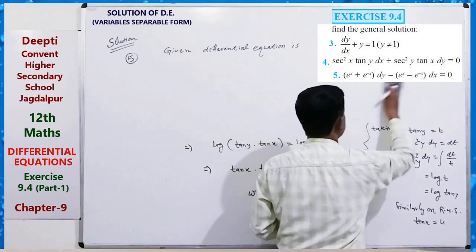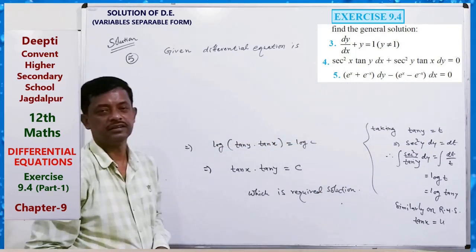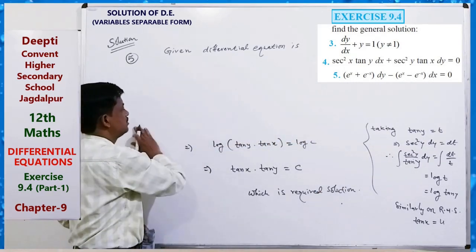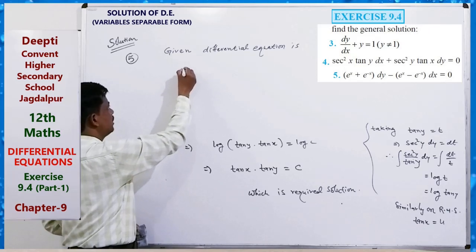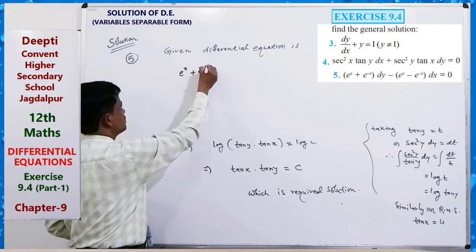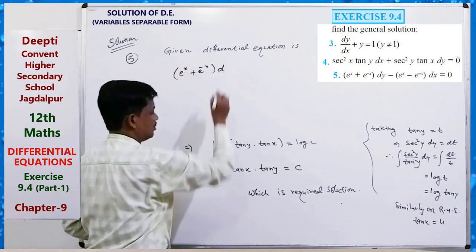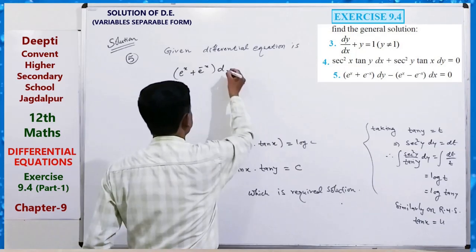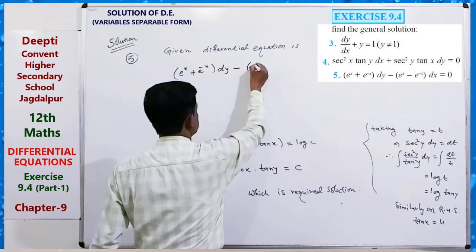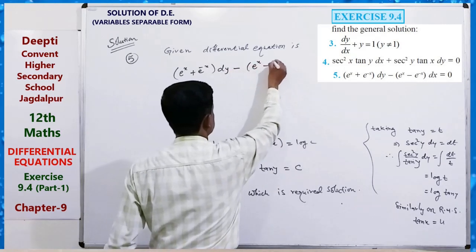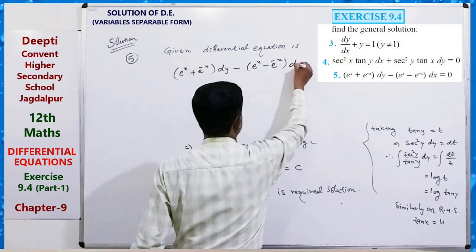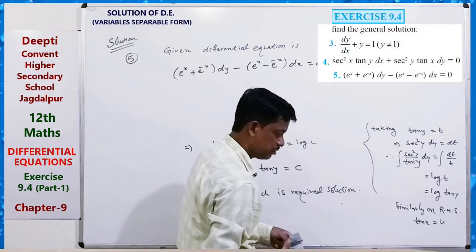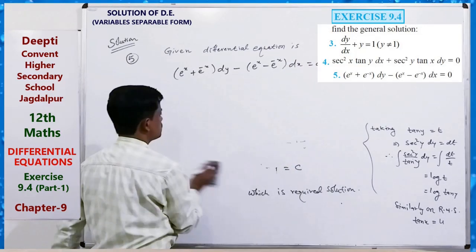Just we have to write it in separating form. So here, e to the power x plus e to the power minus x dy minus e to the power x minus e to the power minus x dx equals to 0. This is the given differential equation. Okay, now we have to solve it.